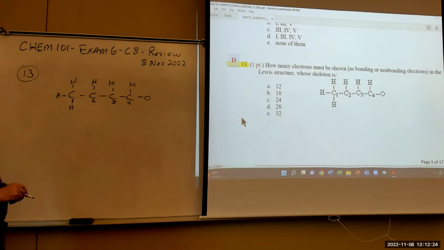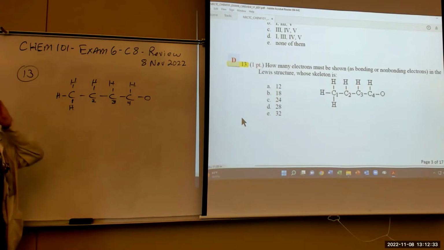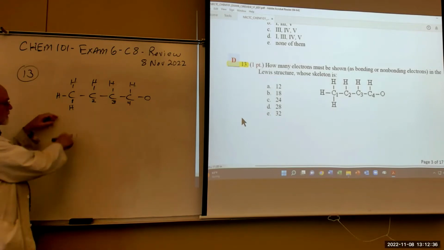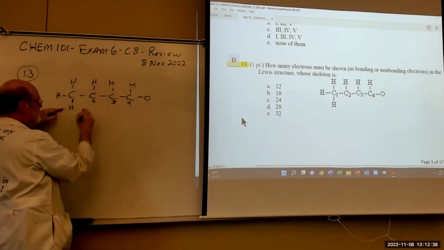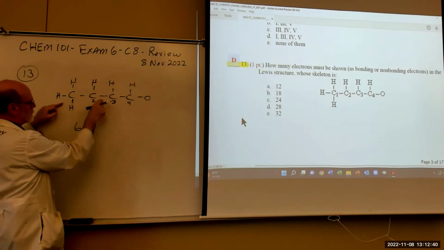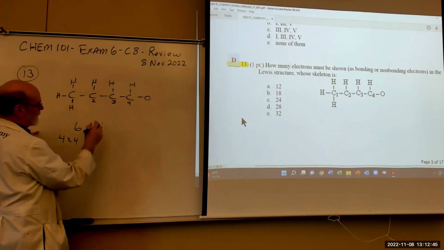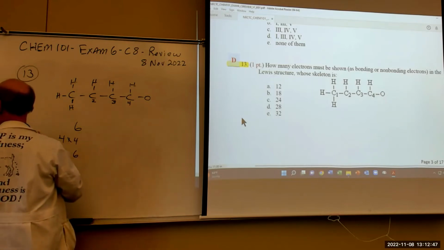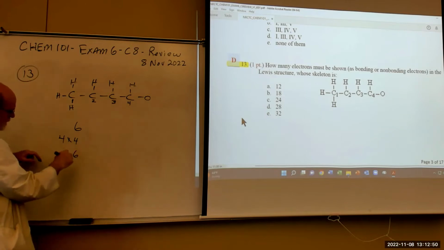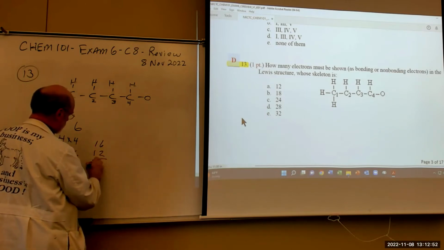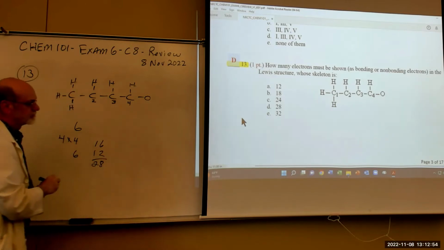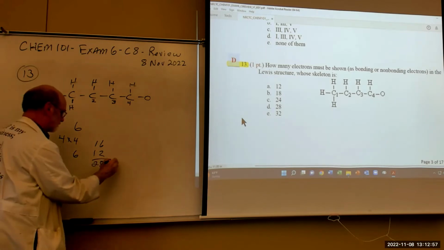How many electrons must be shown? I mean, add up all the valence electrons. First step in your Lewis dot structure. So we've got 1, 2, 3, 4, 5, 6 hydrogens. 1, 2, 3, 4 carbons. 4 times 4. And we got 1 oxygen. 6. Okay, so we got 16 plus 12 is 28. So that's D.